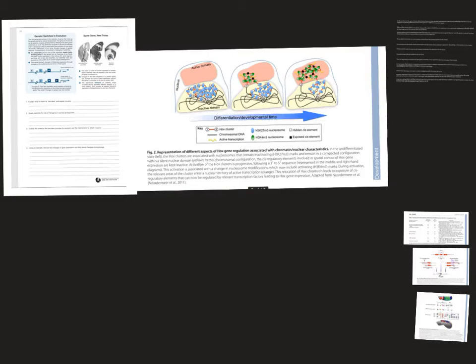And so what you get is this unwrapping, and as the DNA is unwrapped, parts of the DNA that don't code for a protein act as cis elements. In other words, they act as inducers of mRNA production.